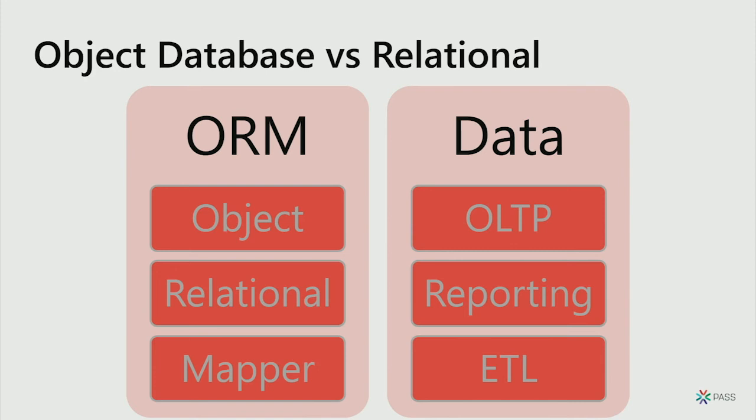But then we might want to do reporting over that in different ways, and that's where we need a relational kind of store or a data warehouse kind of store. And how do we get between the transactional and the reporting systems? We have an ETL, or the mapping, right? So even from a DBA perspective, the ORM paradigm can apply from a database perspective as well, right?